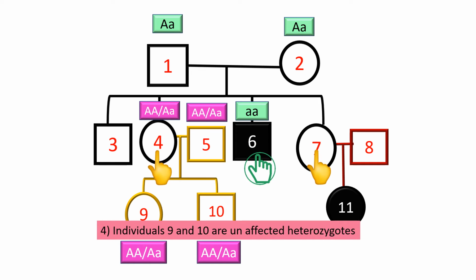The fourth statement is incorrect, because we can't exactly say that the daughter and son indicated by numbers 9 and 10 are heterozygotes, though they are unaffected. Their genotype may be either homozygous dominant or heterozygous.